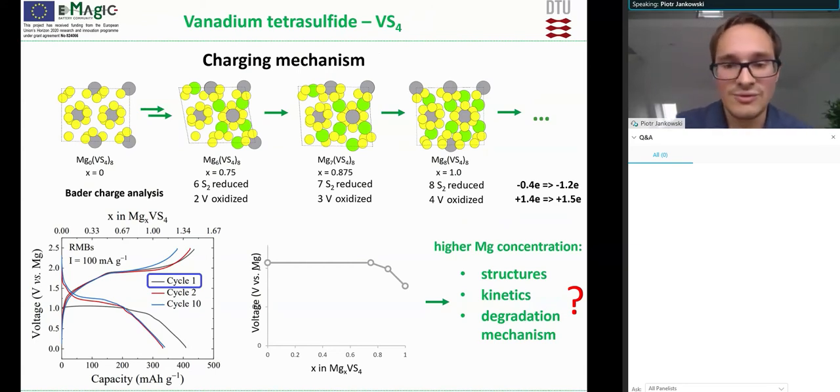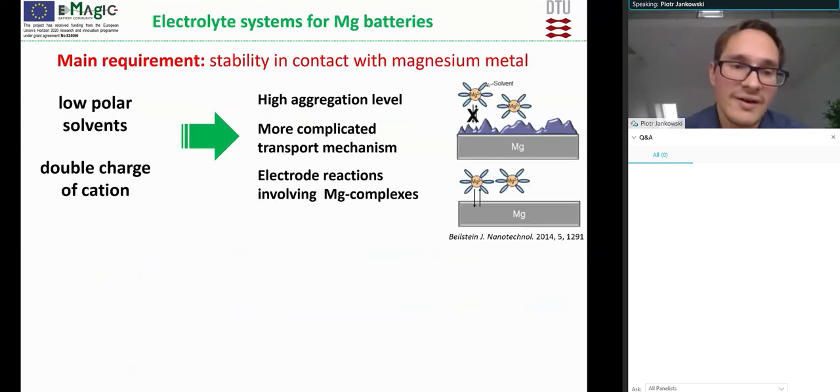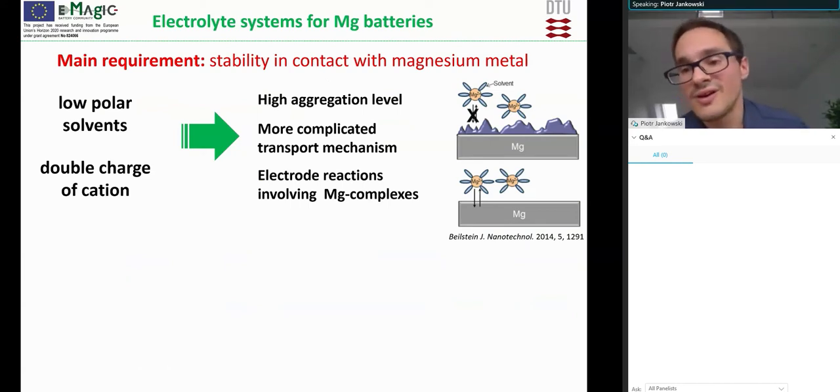So switching now to electrolytes. So far, the requirement for electrolytes is that they should be stable with a metallic anode, to prevent any formation of a passivation film that could prevent the ionic transfer between electrolyte and magnesium.